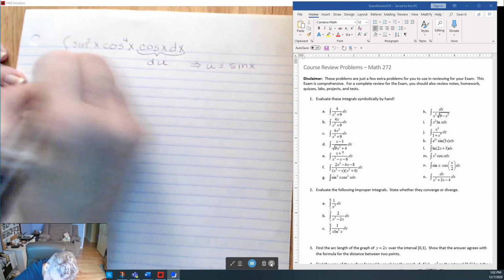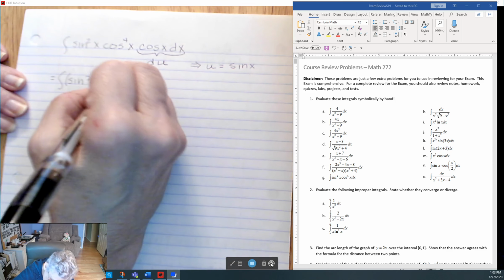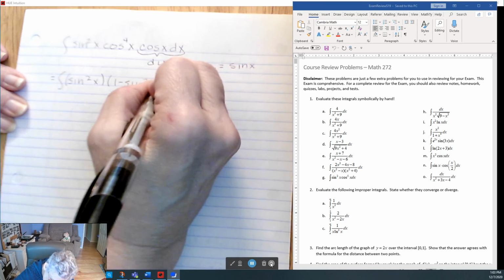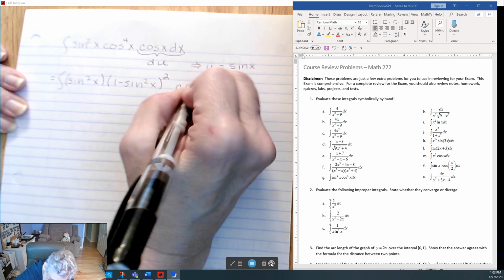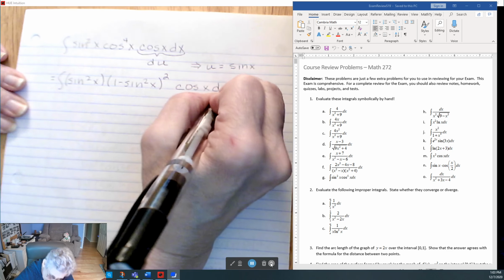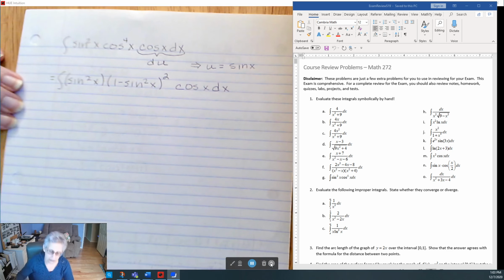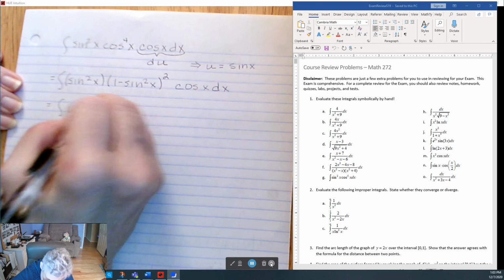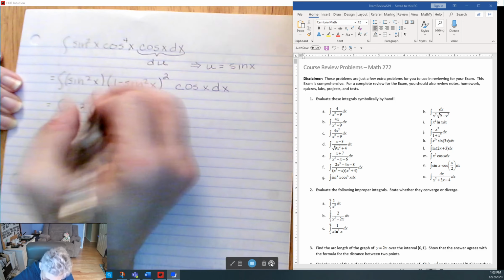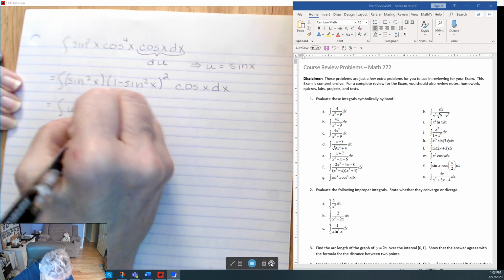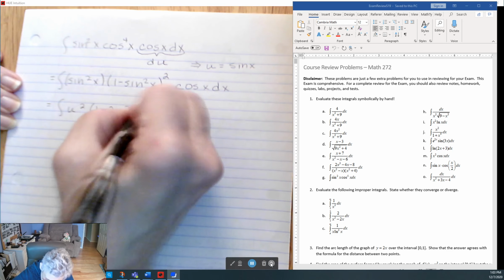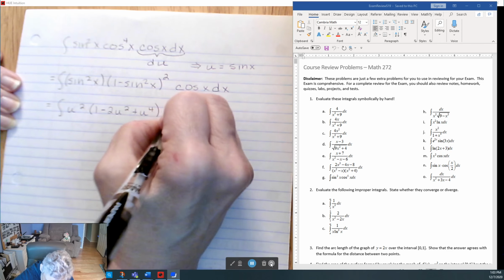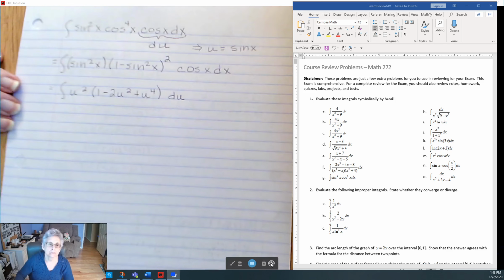So we have sine of x times 1 minus sine squared of x, whole darn thing squared, cosine x dx. So this is really just u squared. 1 minus u squared squared would be 1 minus 2u squared plus u to the 4th power times du.